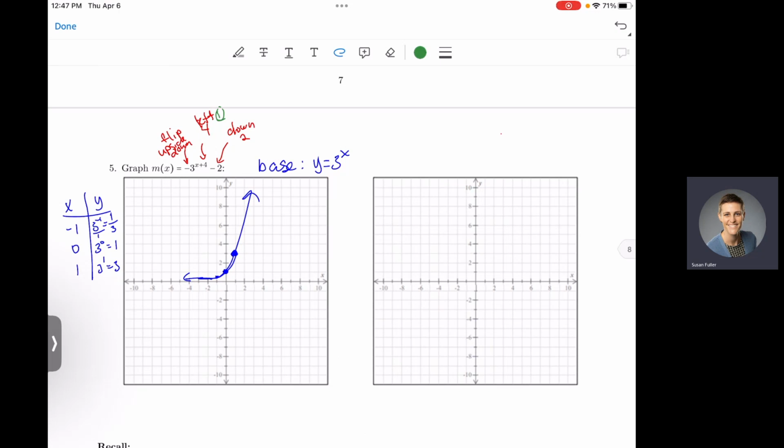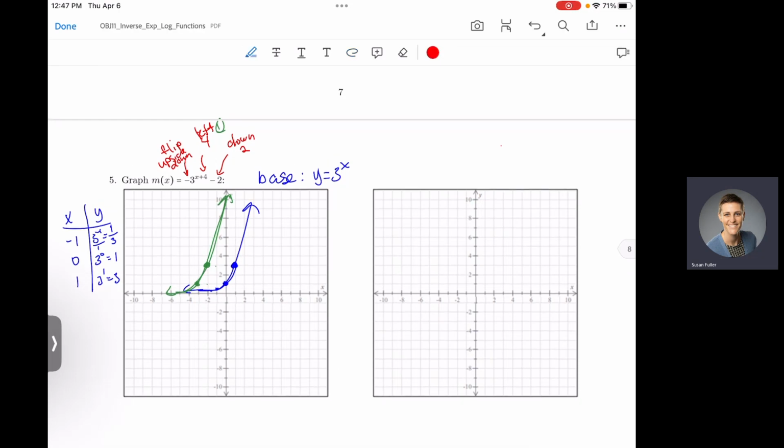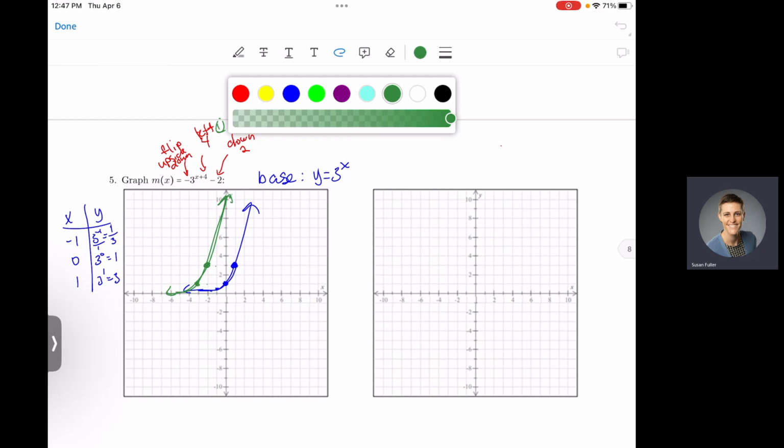So I'm going to shift them both to the left. 1, 2, 3, 1, 2, 3. And if I shift this thing to the left, notice my asymptote doesn't change. If I shift y equals 0 to the left, it still stays y equals 0. So I don't have to do anything with that. So that's the first change that we have to make here.